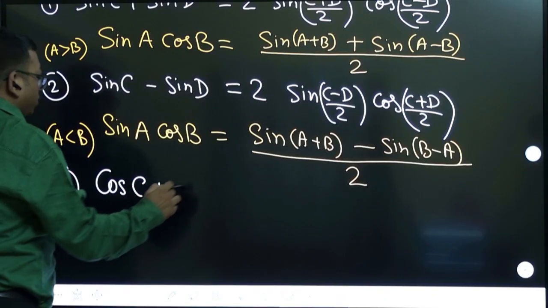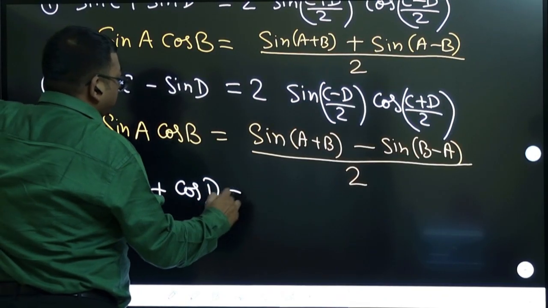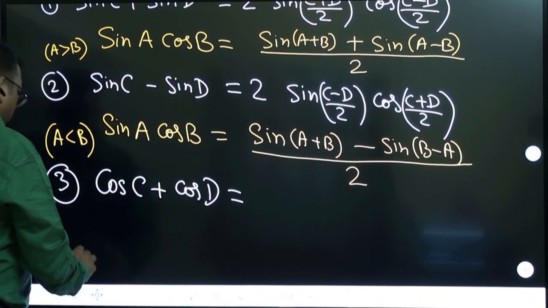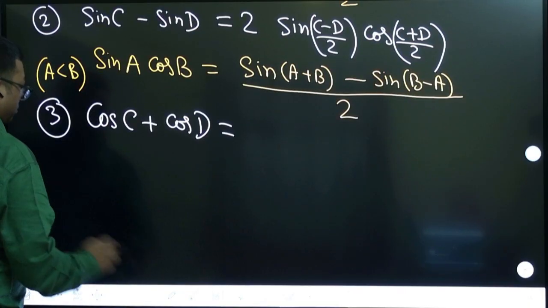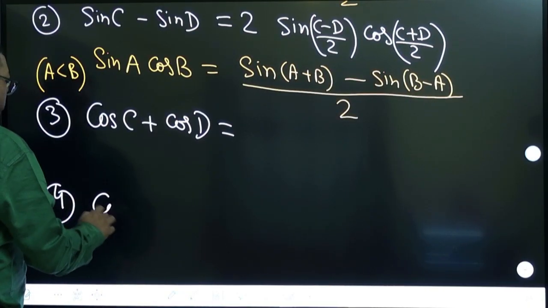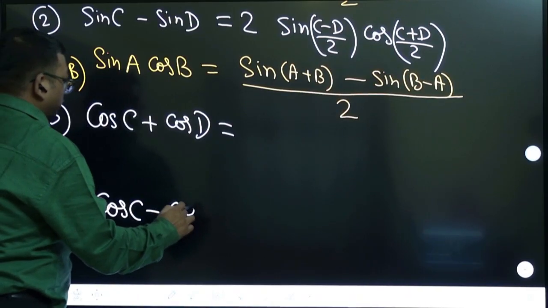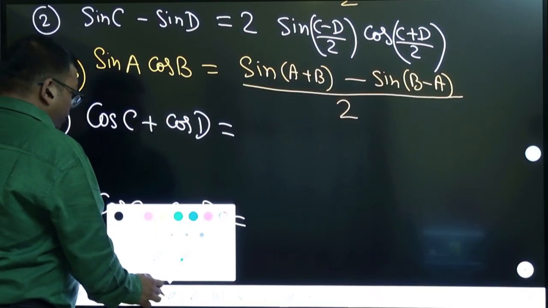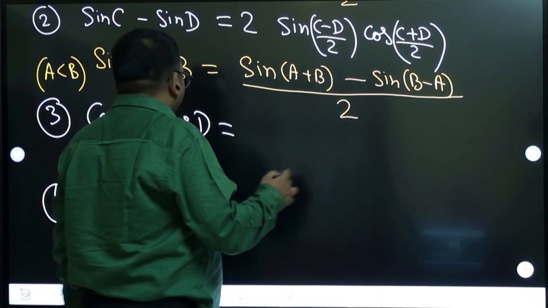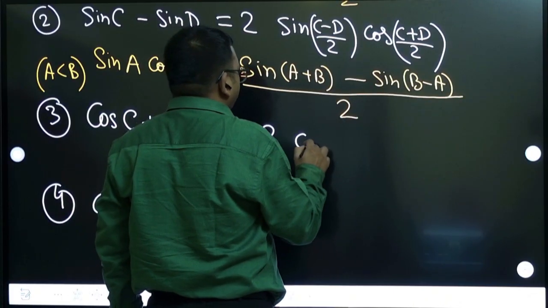cos c plus cos d, and cos c minus cos d. So what is cos c plus cos d? When cos c plus cos d comes, 2 cos comes.